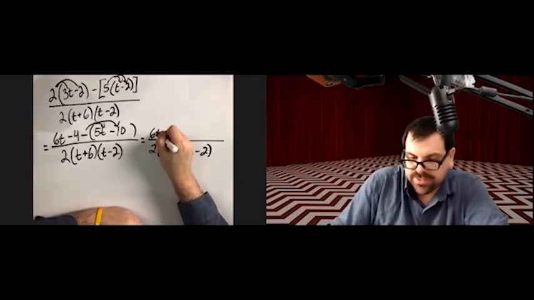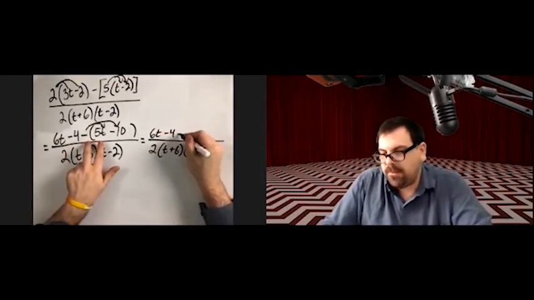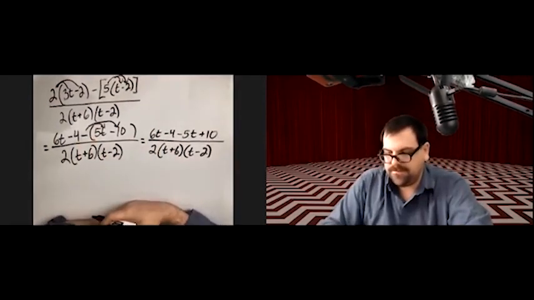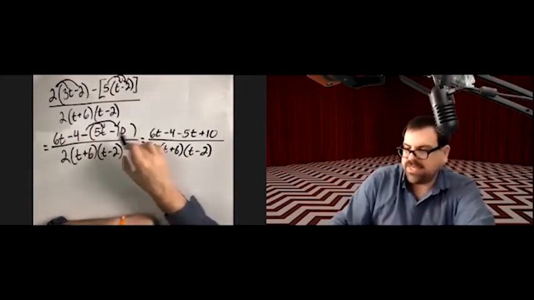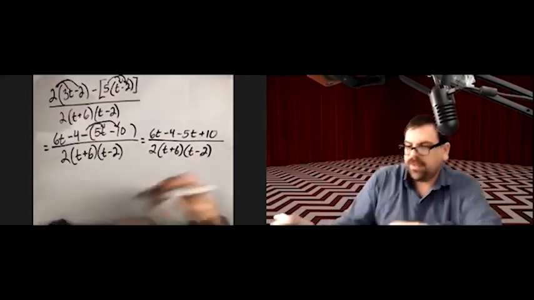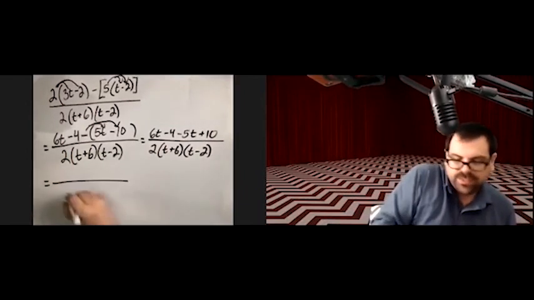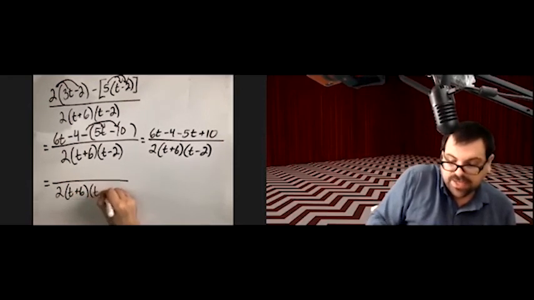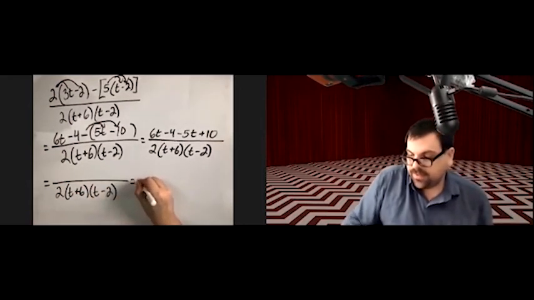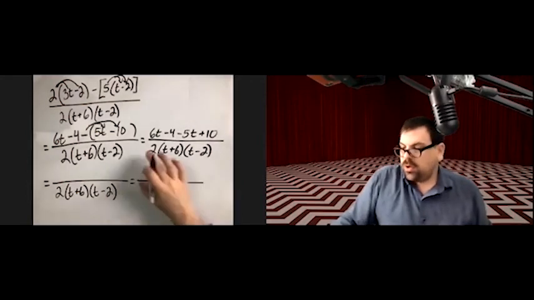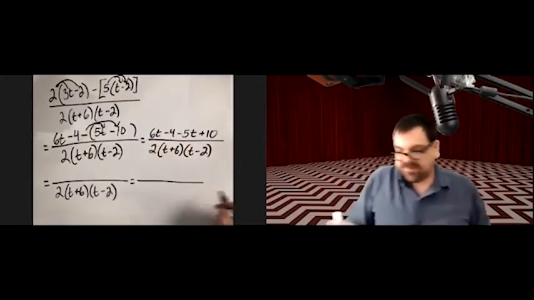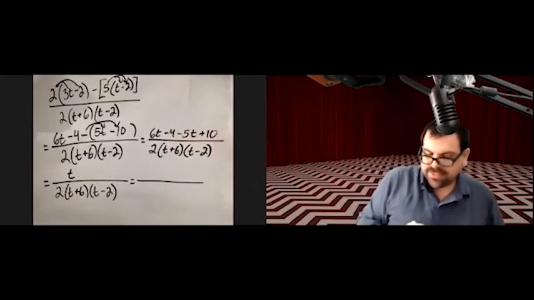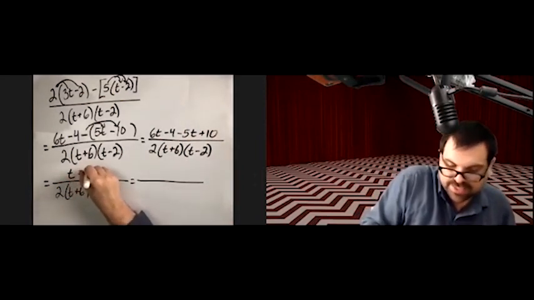On top, 6t minus 4, and then minus 5t plus 10. Negative times negative is positive. Combine the like terms, keeping the 2 times the t plus 6 times the t minus 2 on the bottom. We get 6t minus 5t is just a single t. Negative 4 plus 10, that's positive 6.